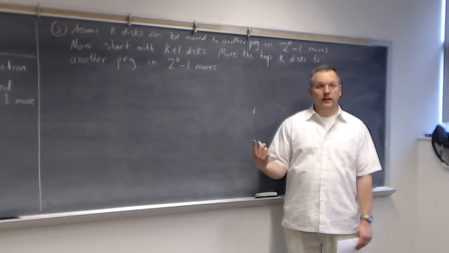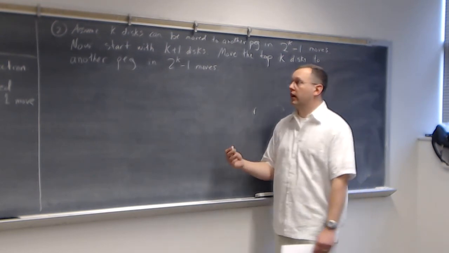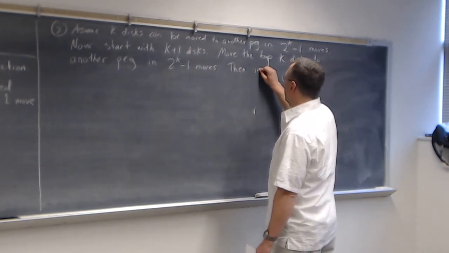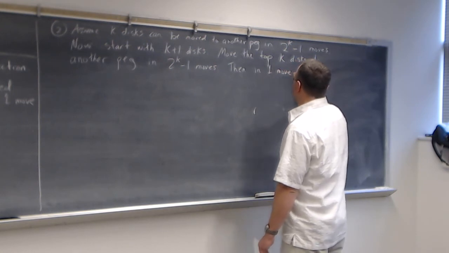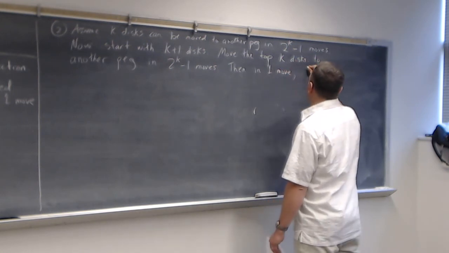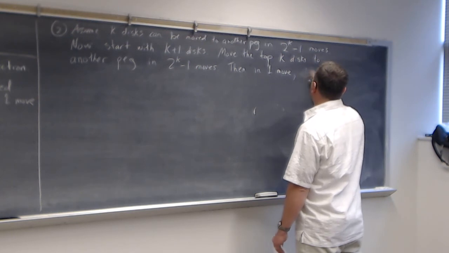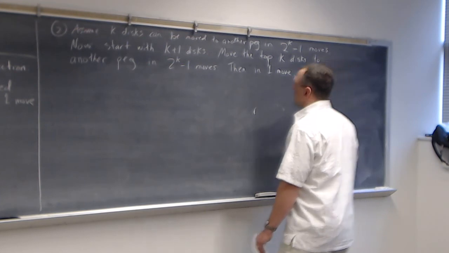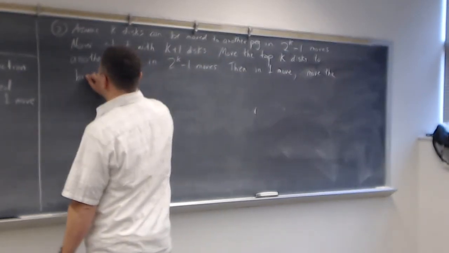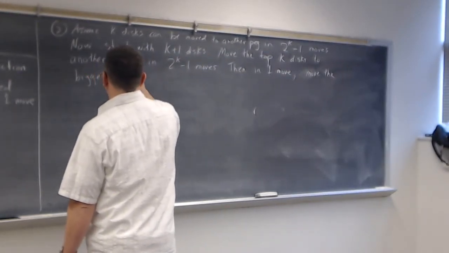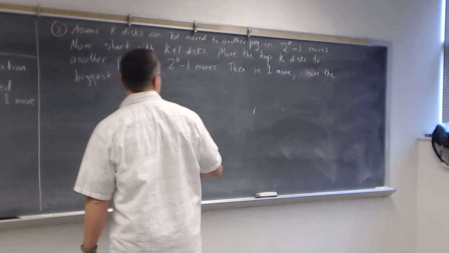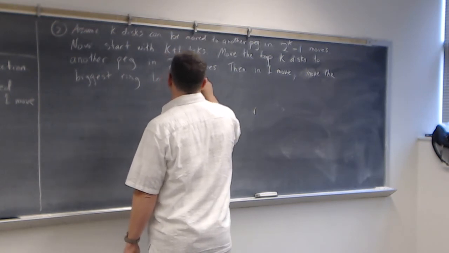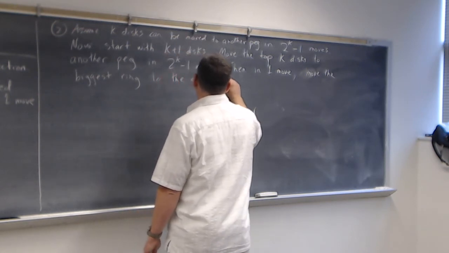So what's left? The biggest ring is left. Then in one move, move the biggest ring to the open peg.